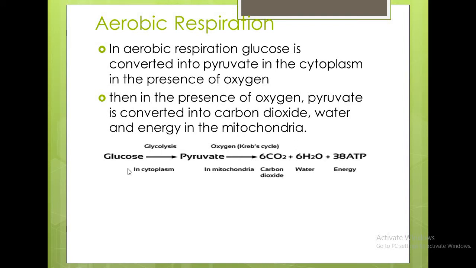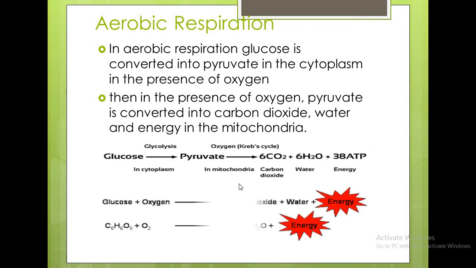Okay, I'll repeat once again. Glucose becomes pyruvate, which takes place in the cytoplasm, right? And this process takes place in the presence of oxygen, because we are learning aerobic, right? Aerobic means presence of oxygen. Again the pyruvate in the presence of oxygen becomes carbon dioxide, water and lots of energy, and this takes place in the mitochondria.